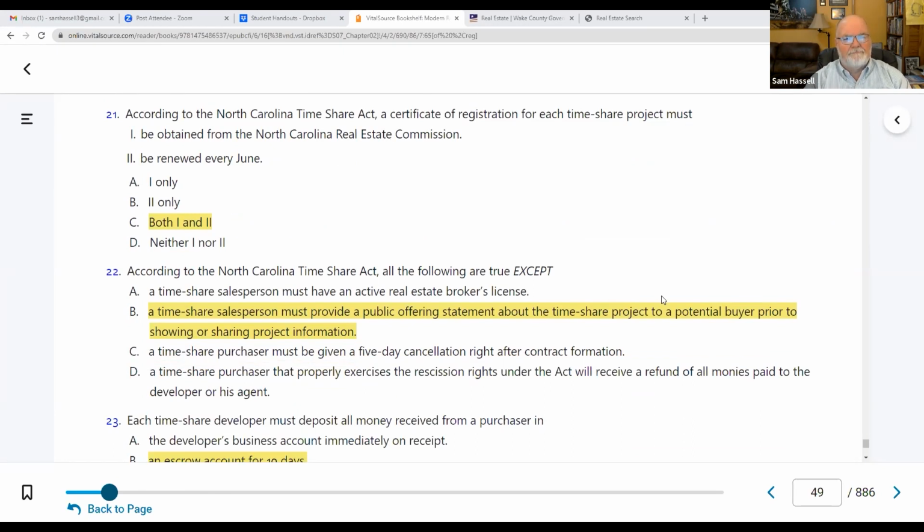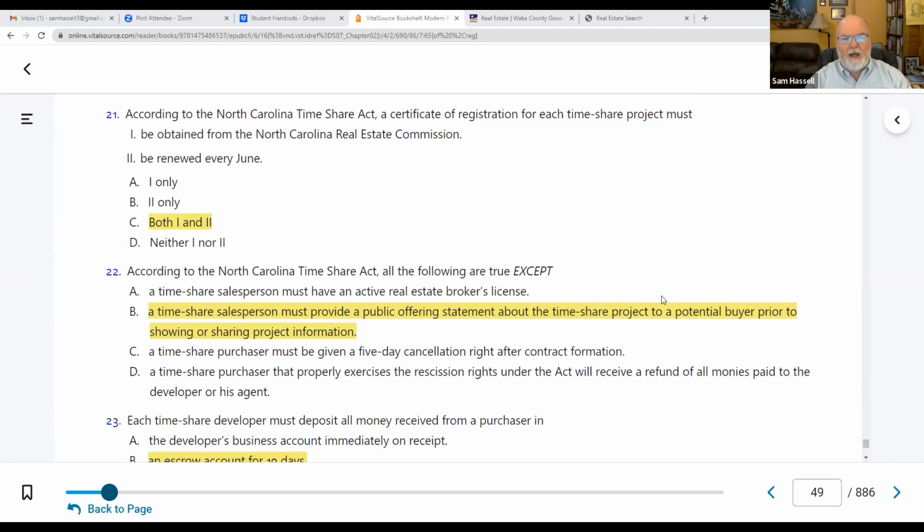Okay, number 21. According to the North Carolina Timeshare Act, a certificate of registration for each timeshare project must, number 1, be obtained from the North Carolina Real Estate Commission. That's true. And 2, be renewed every June. That's true also.